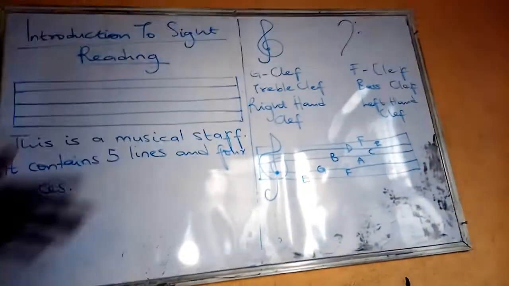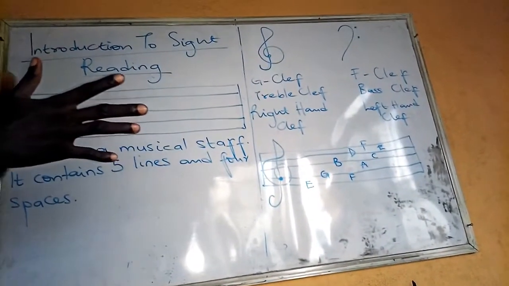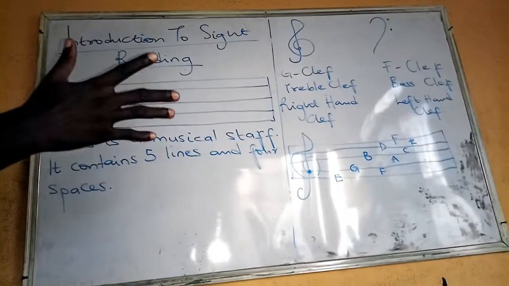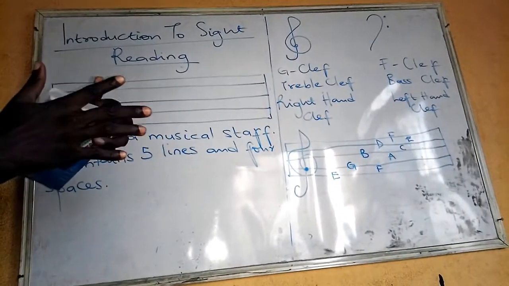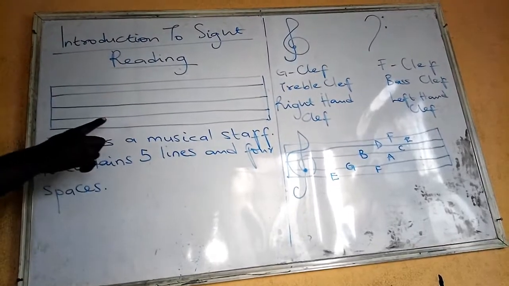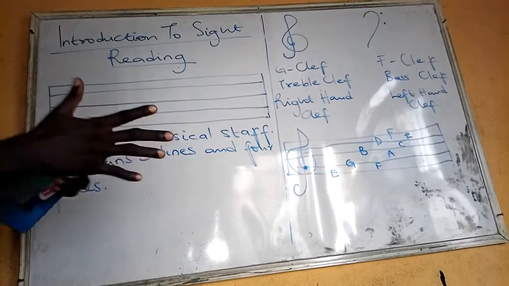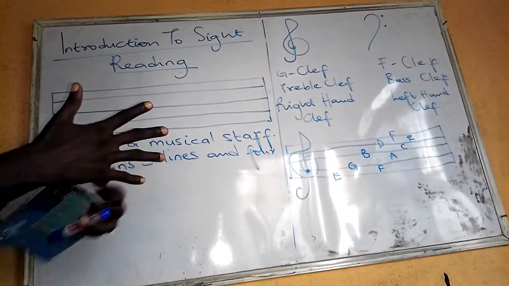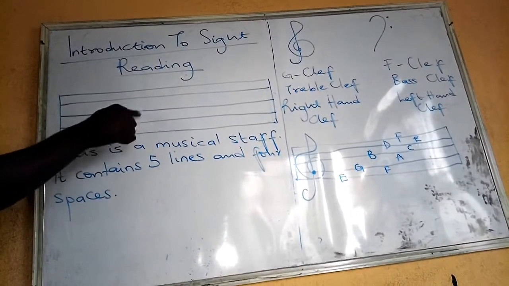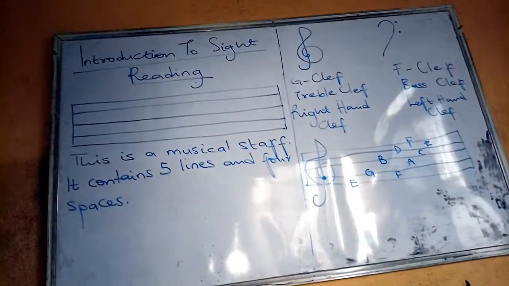Now, if you look at the right hand, you notice you have 5 fingers and 4 spaces in between. So 1, 2, 3, 4, 5, representing line 1, 2, 3, 4, 5. Then the spaces in between 1, 2, 3, 4, representing these spaces in between.